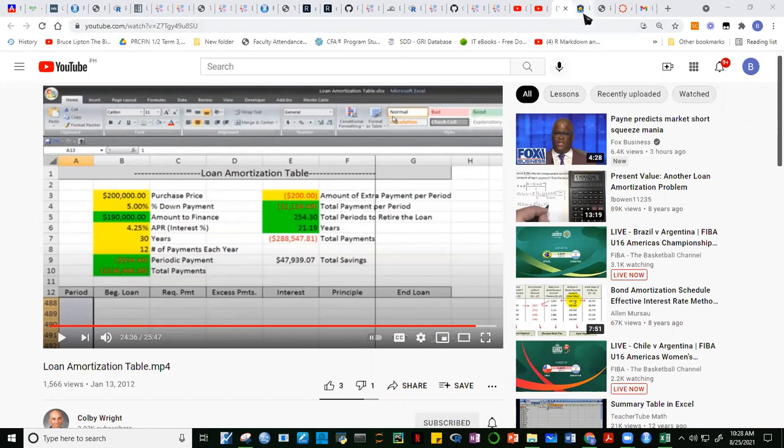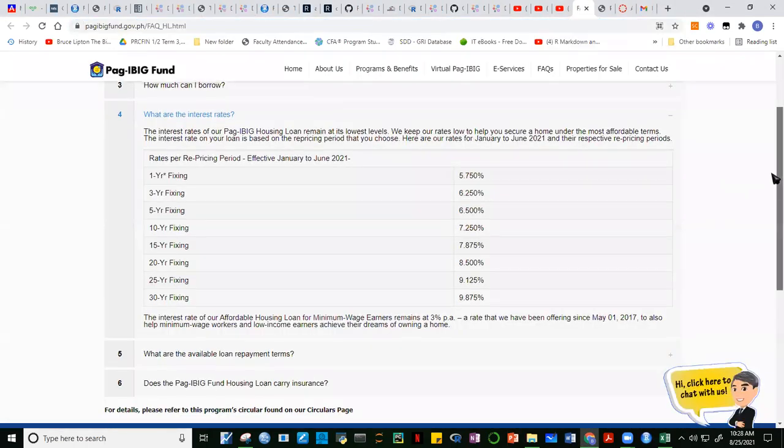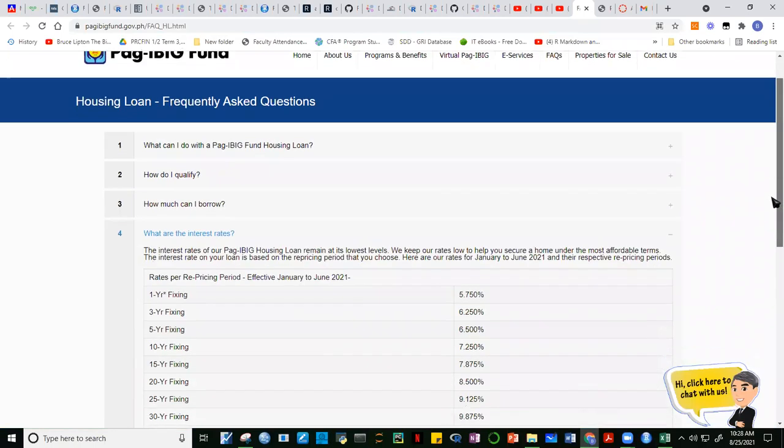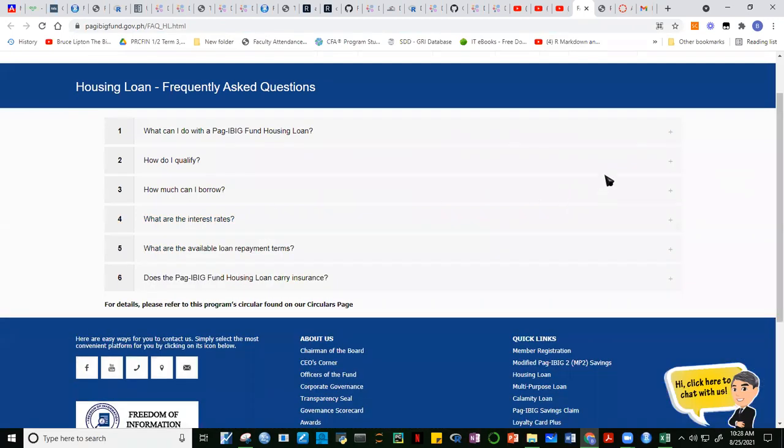Now, yung unang site, ito, guys. All right. So frequently asked questions, and then I looked at what are the interest rates. So ito yung current interest rates ngayon, ano? When you're working already, isa sa kakaltasin sa inyo ng employer nyo is itong HDMF fund.